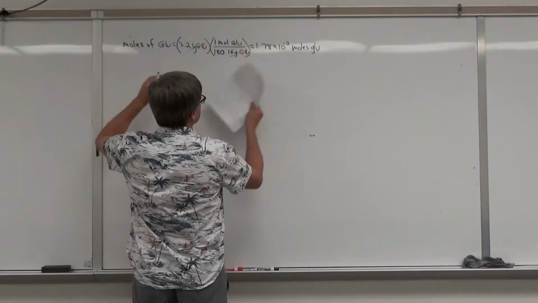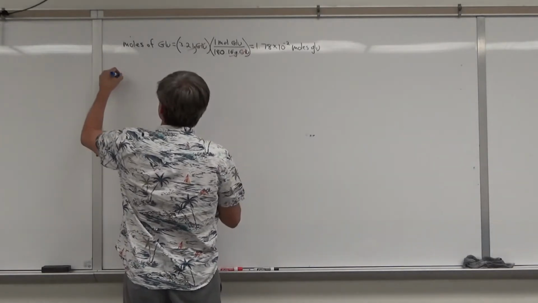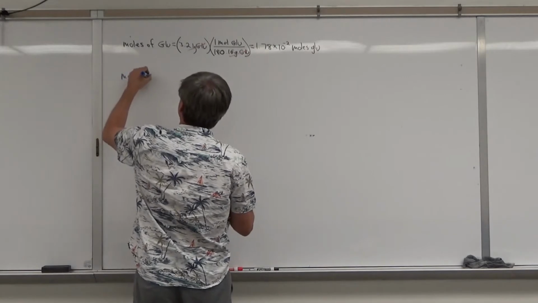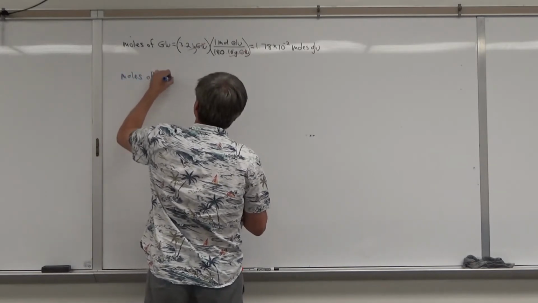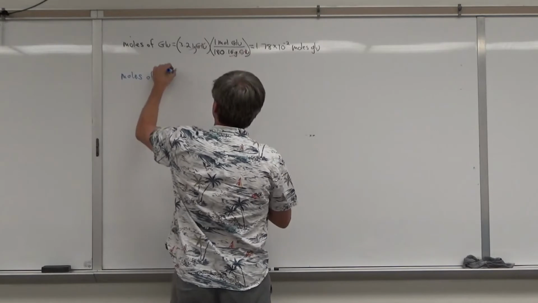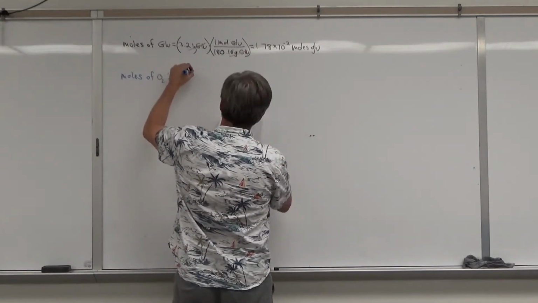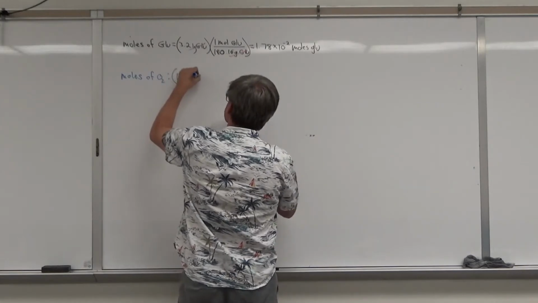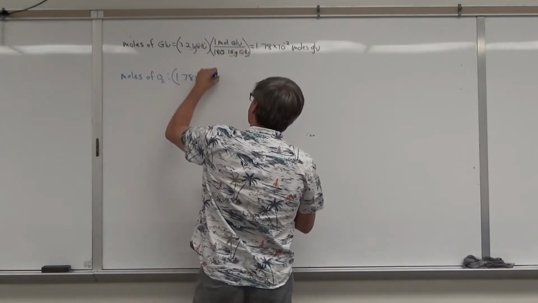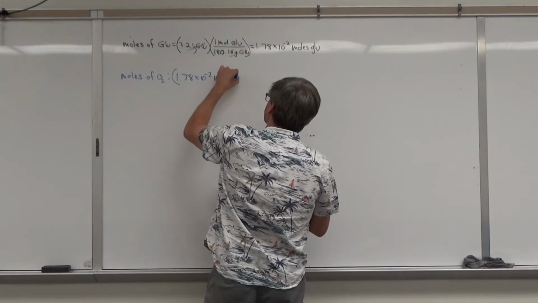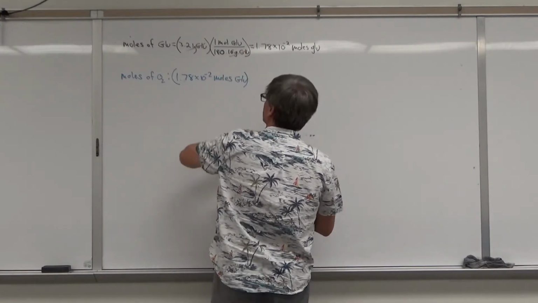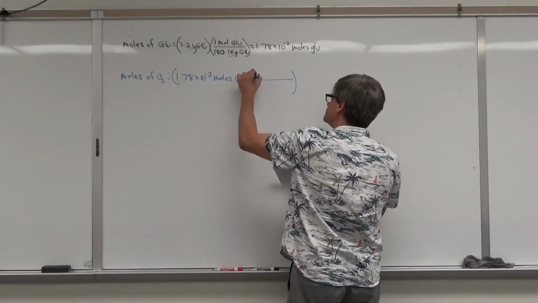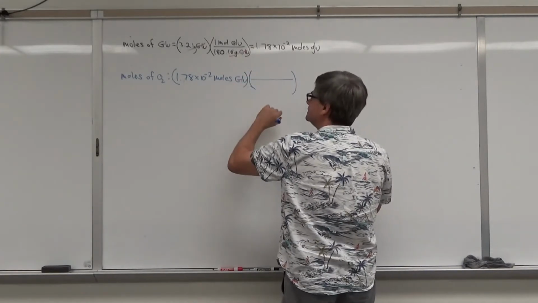Well, now based on that, how many moles of oxygen do we need? Moles of O2. Well, we start with our discrete value that we're given, 1.78 times 10 to the negative 2 moles of glucose. We already know this, but I always like to make these things explicit.